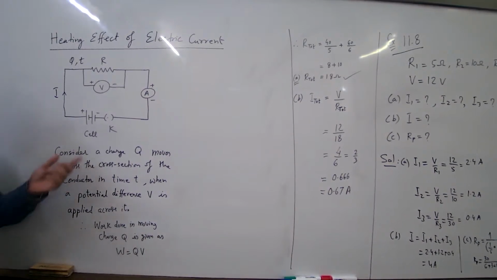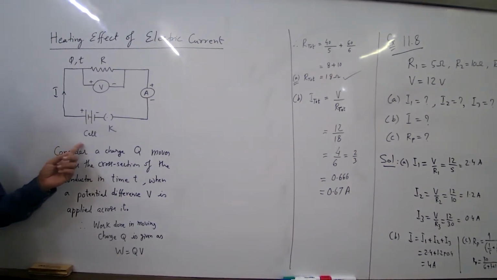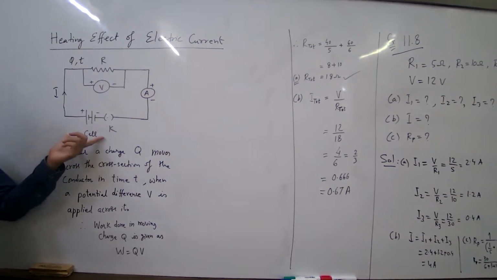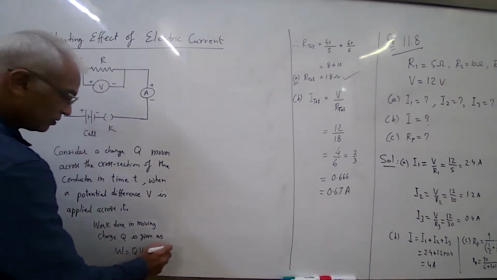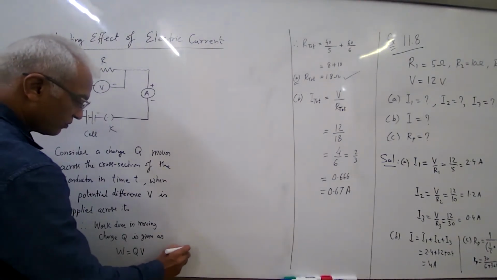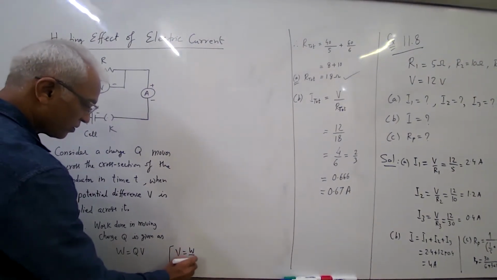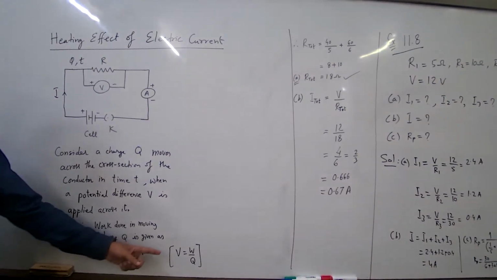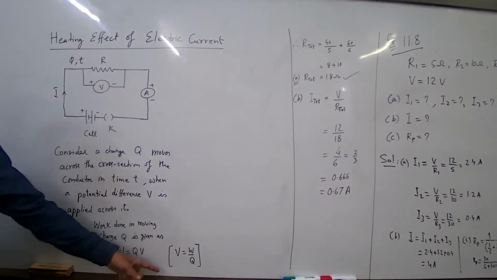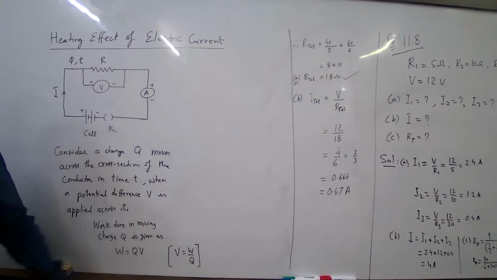Who is doing the work? The cell. What is the potential difference of the cell? V. And how is V defined? V is defined as work done per unit charge. So therefore W is equal to QV.